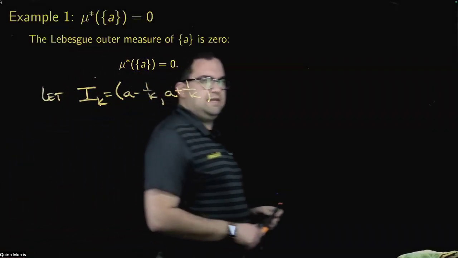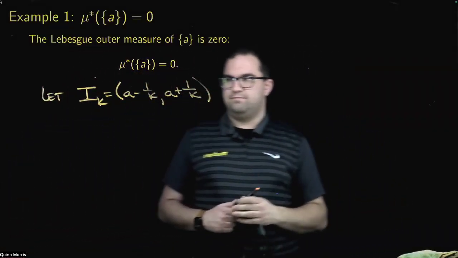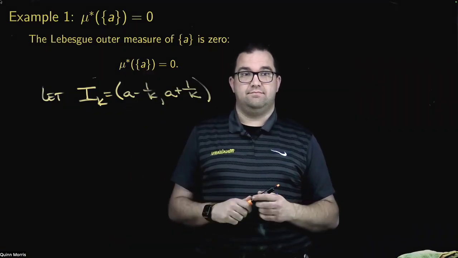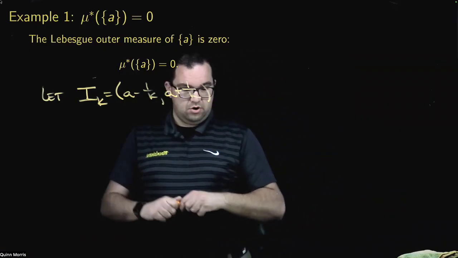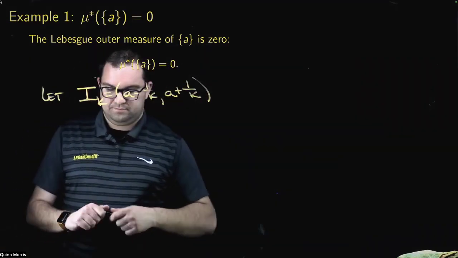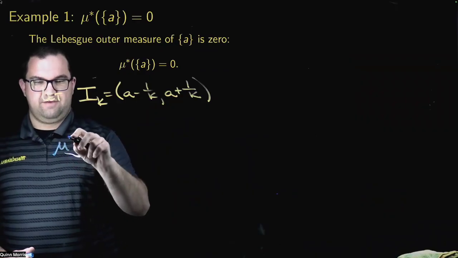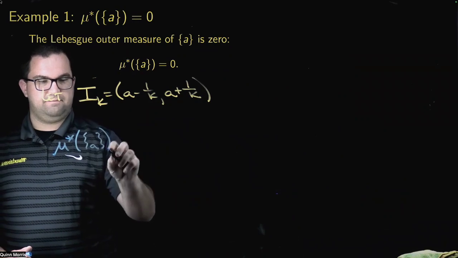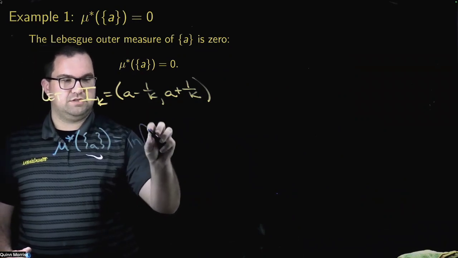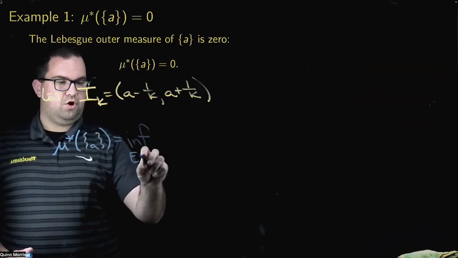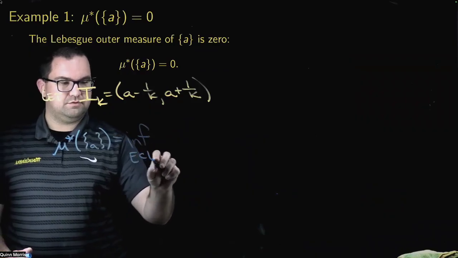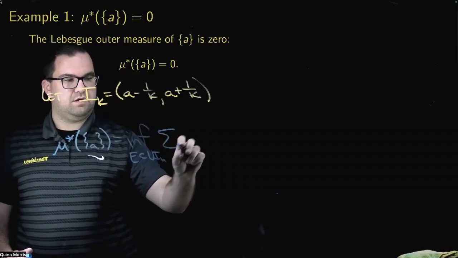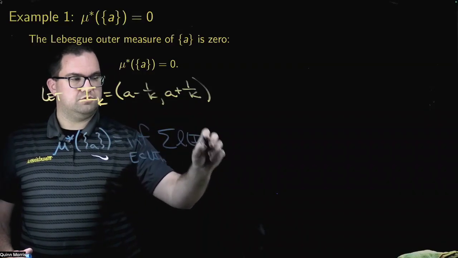So what I want you to see here is that for each fixed k, we get an open cover of the set A. Now I know the definition of mu star of A is, by definition, the infimum over all open covers of the sums of the lengths of those open covers.